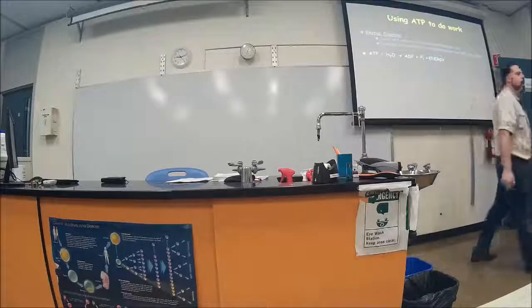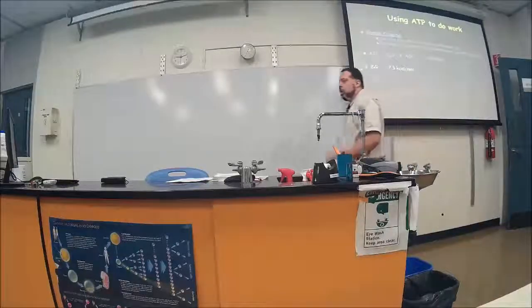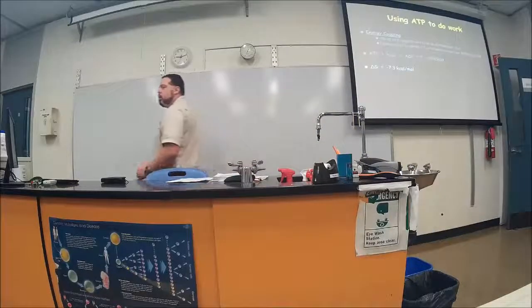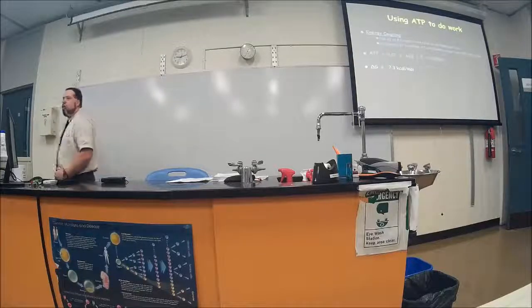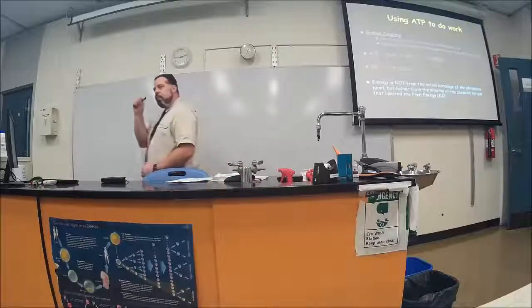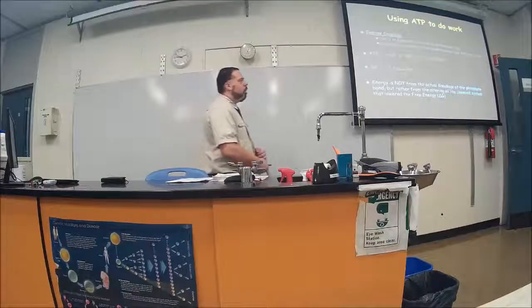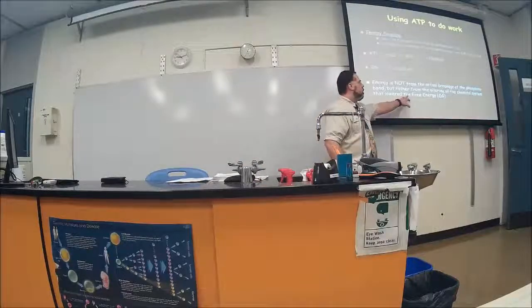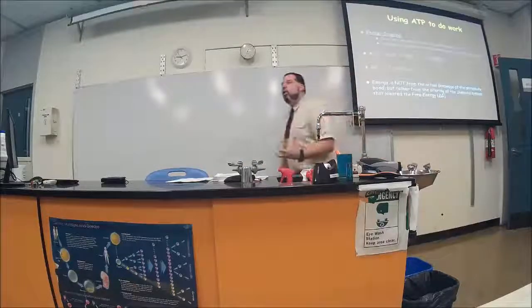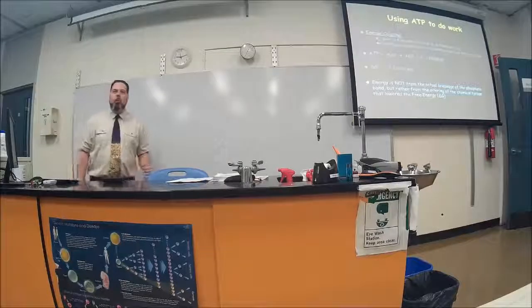We could use that energy to do those works that I just showed you on the slide before. The delta G with this is negative 7.3. It's from altering the chemical system that lowered the free energy. The free energy is what we're going to be using to do work.